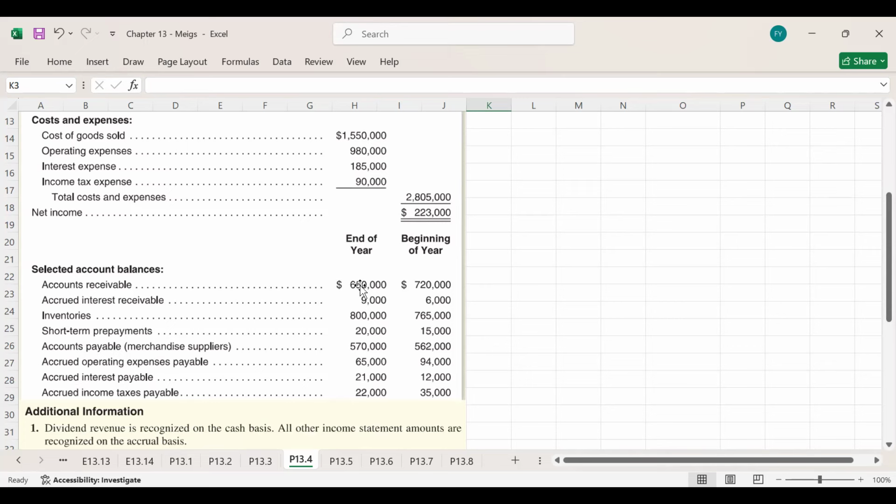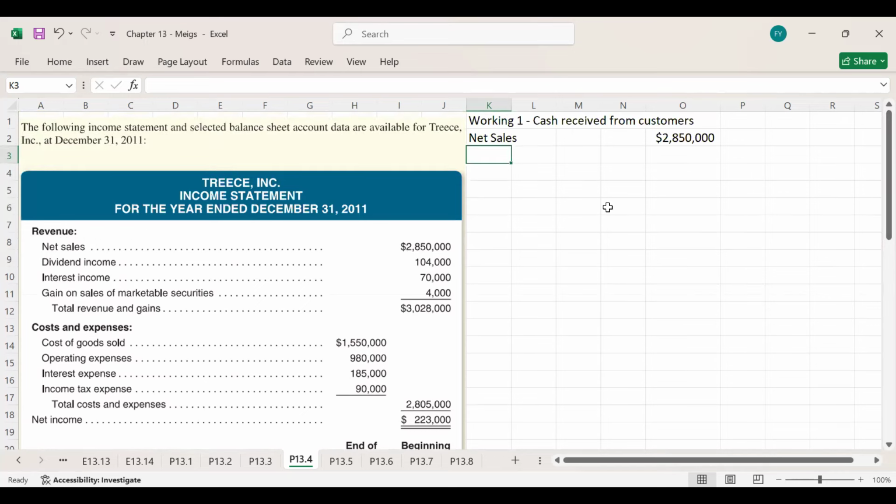Therefore, in order to calculate cash received from customers, we are going to add the decrease in accounts receivable.